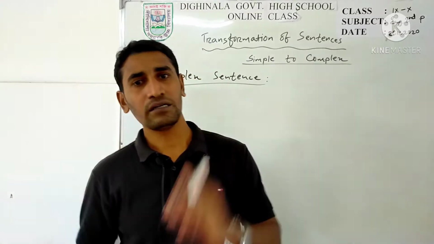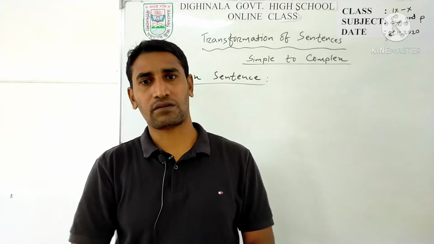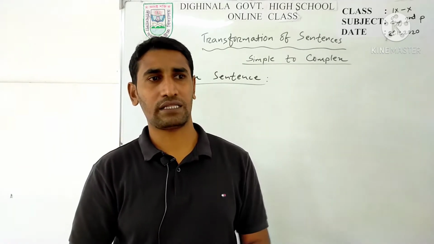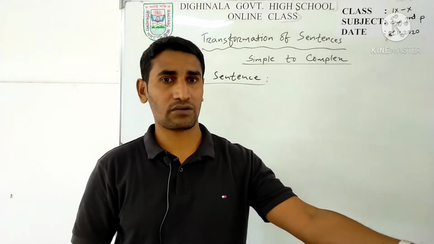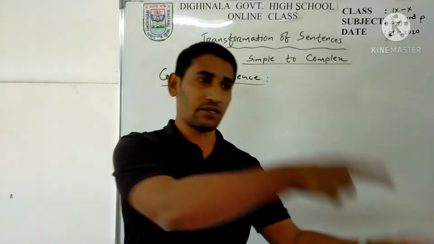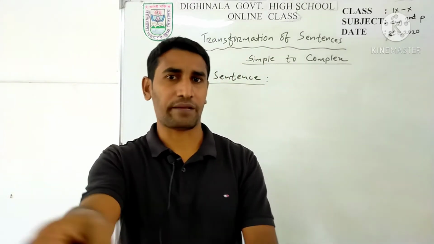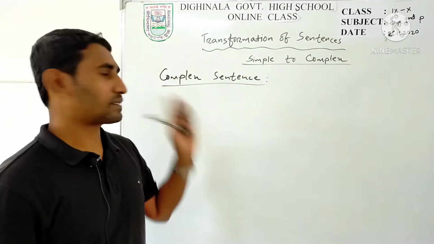In another clause, that is the principal clause, that is very much independent and doesn't depend on the subordinate clause. Especially the subordinate clause depends on the principal clause for meaning. So that is called a complex sentence.